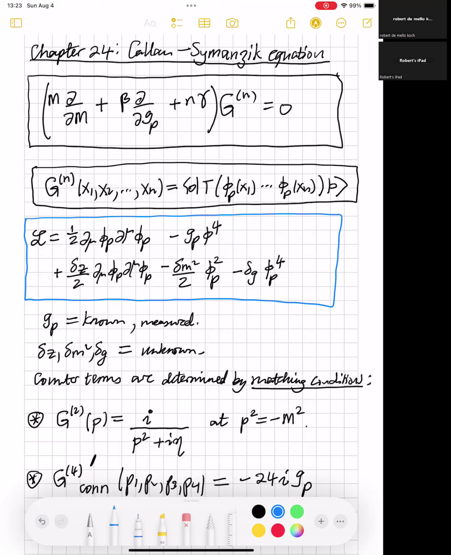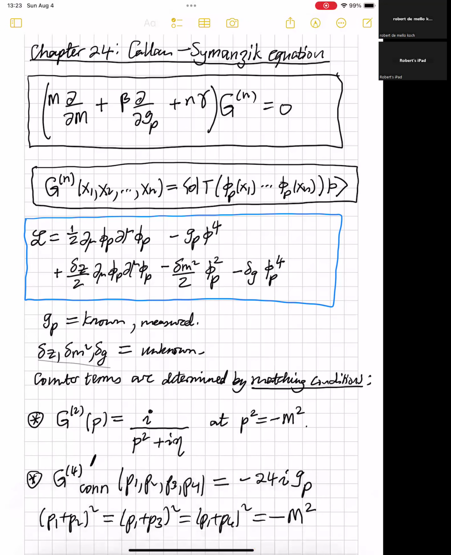And once we've finished, we've got the 2-point and the 4-point function completely determined. We can plug them into the Callan-Symanzik equation, and requiring that the equations for the 2-point function and the 4-point function are both obeyed will allow us to determine beta and gamma. So that's the roadmap of where we're headed. Next, let's write down the Feynman rules and compute the correlators. We'll do that in a moment.